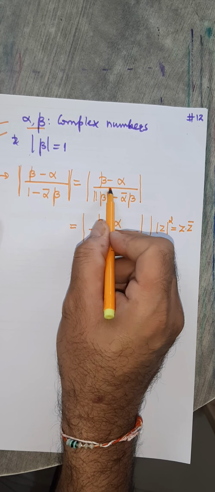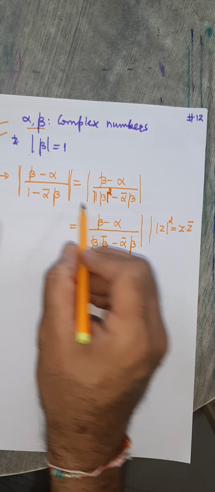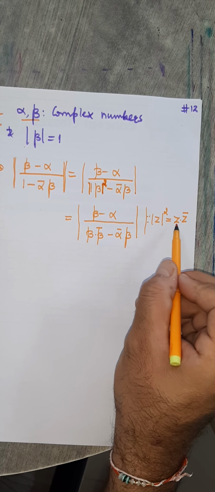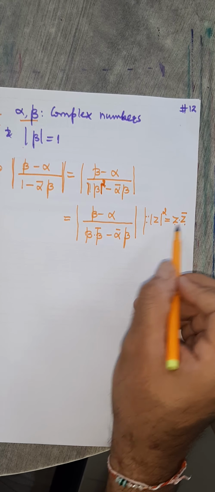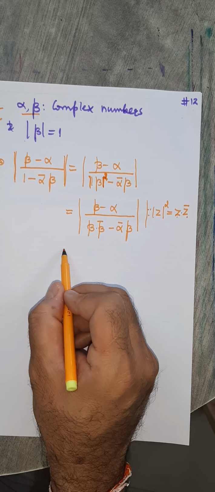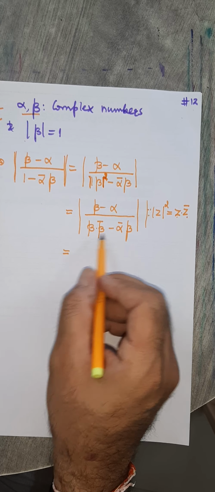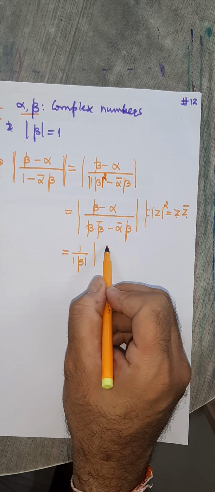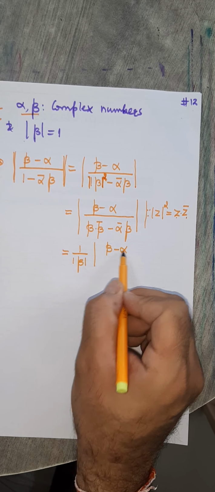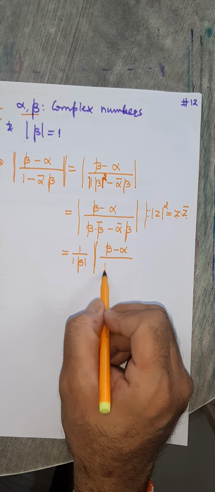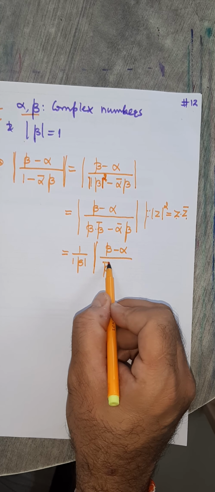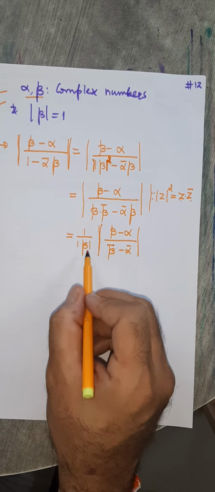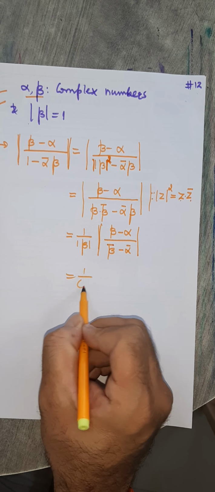It will do even if you are not going to write. I've used this property here. What is common in the denominator? Beta. So I'll keep 1 upon modulus beta outside. What we get here? Beta minus alpha upon modulus of beta conjugate minus alpha conjugate. Now this is 1, so outside we have just 1.